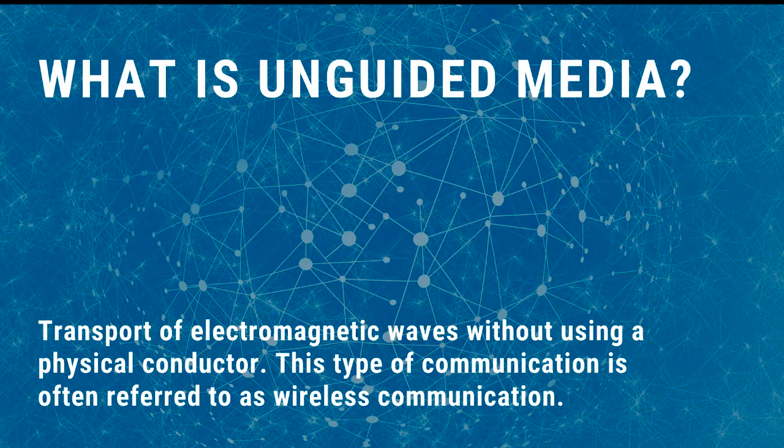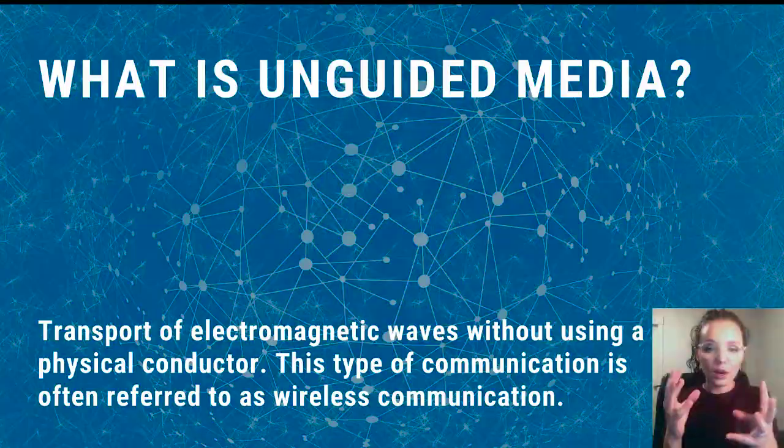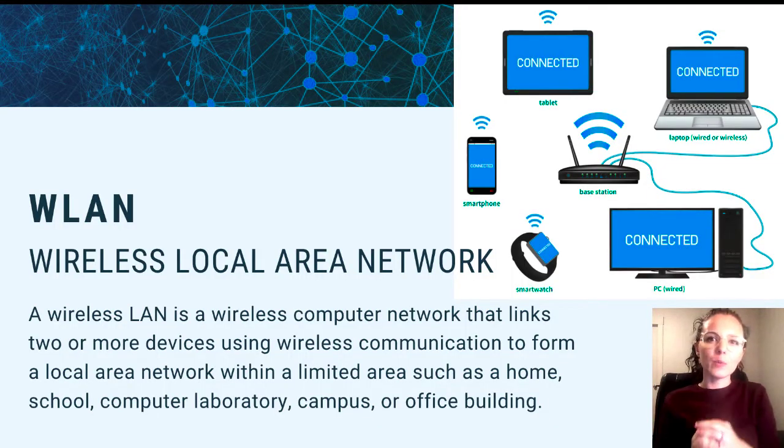And we all know what wireless communication is. That's going to be your Wi-Fi, your Bluetooth, your satellites, so anything that's broadcasted through the air. One of the first ways that we are going to talk about unguided media being set up is through the WLAN, or the Wireless Local Area Network. In other words, this is going to be how your Wi-Fi is being connected.